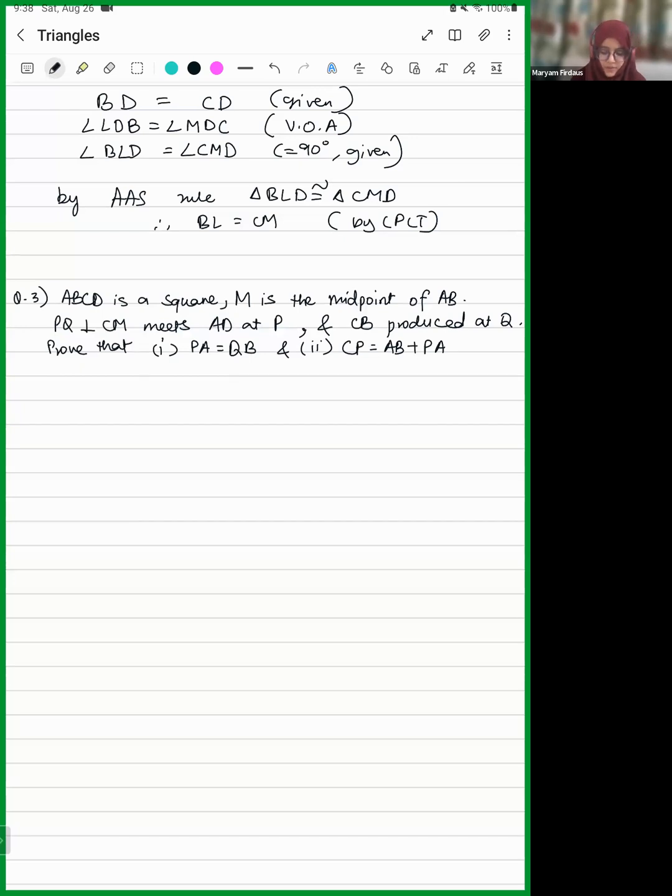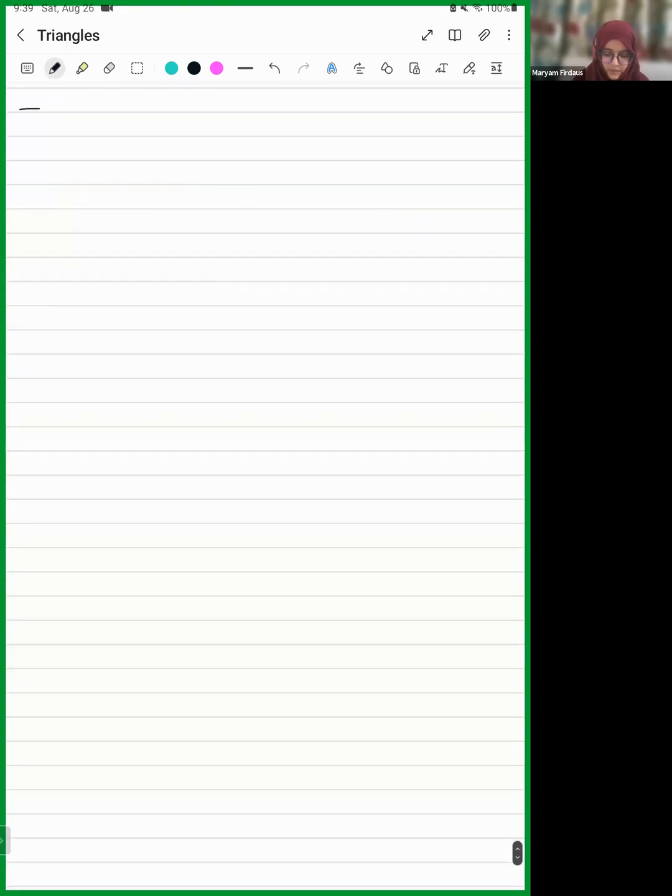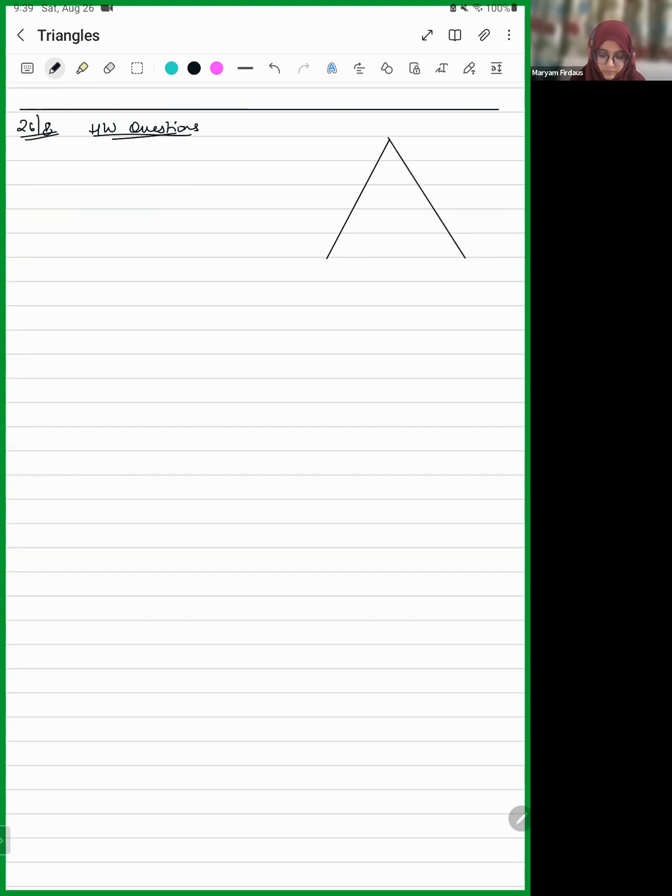There was one question like this. So we are discussing homework questions. This is P, this is Q, this is R, this is S and T. Okay, Avni, can you please read what all is given in the question?